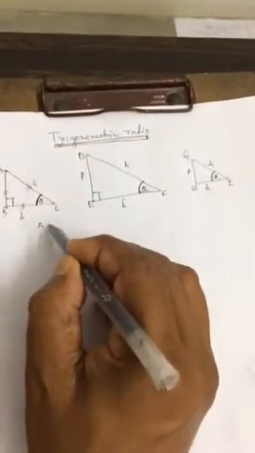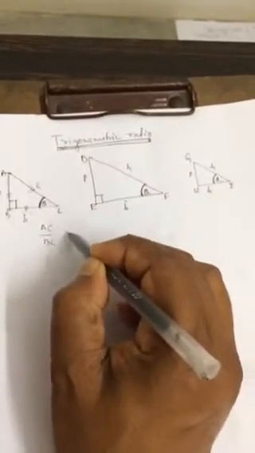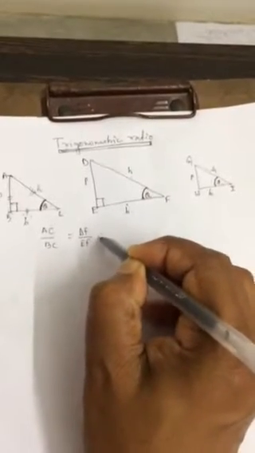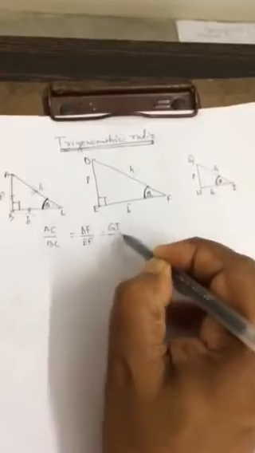That means AC by BC, DF by EF, GI by HI. Got my point? These 3 will be equal.